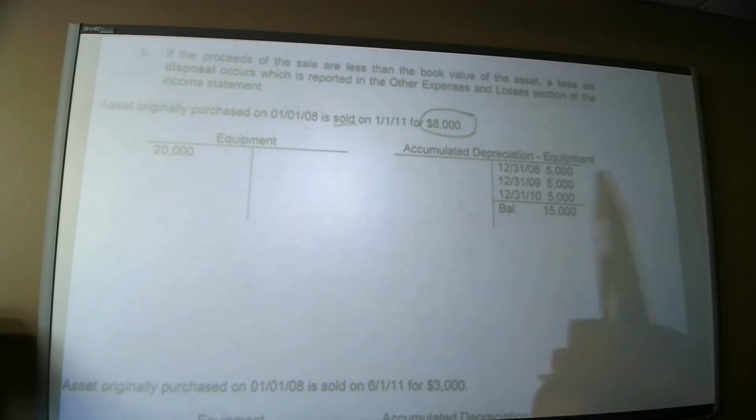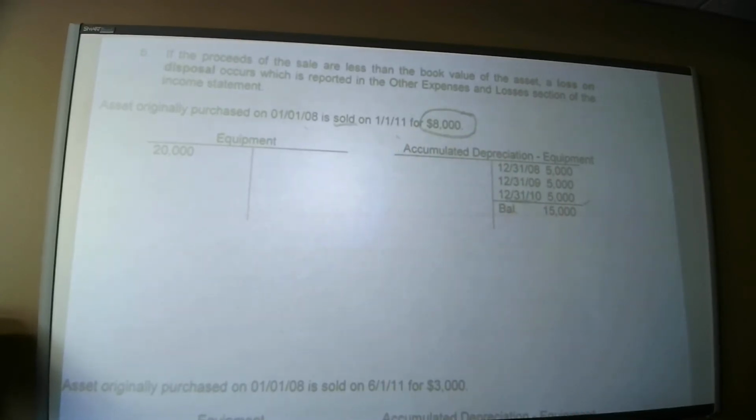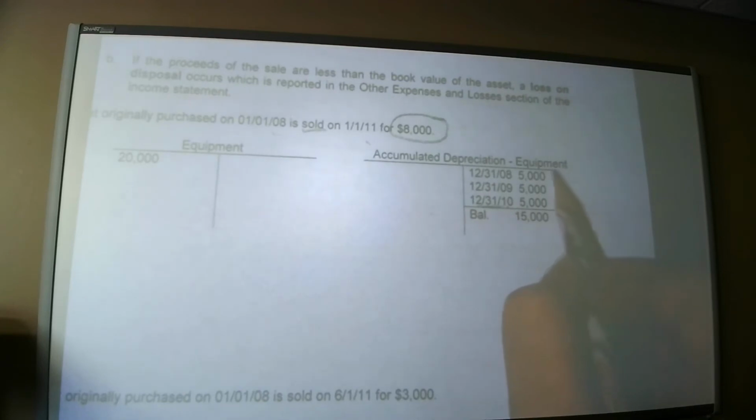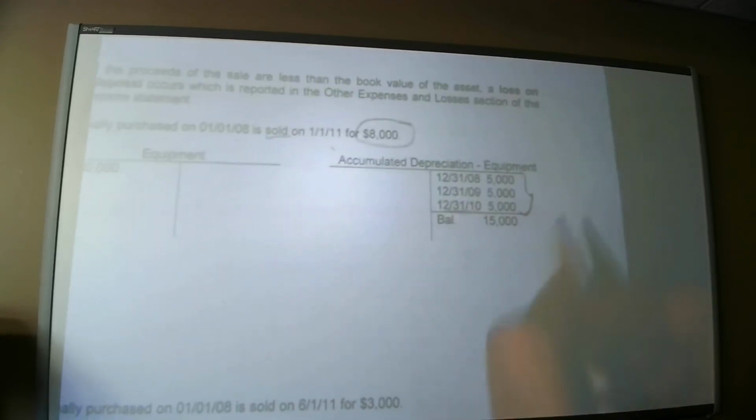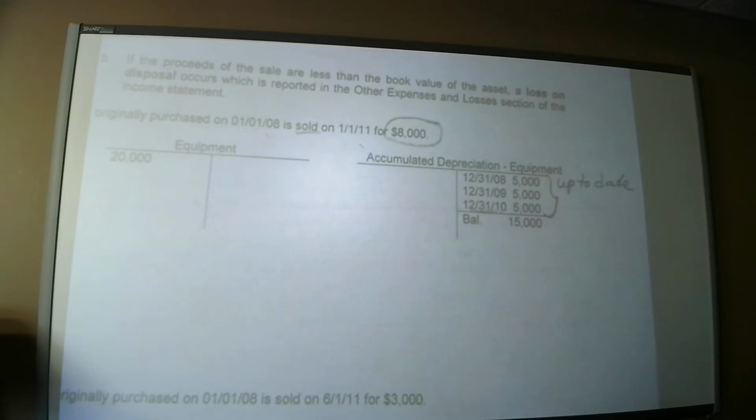My asset is fully depreciated. I stopped depreciation at December 31, 2010. The very next day I sold it, so depreciation is up to date. Maybe highlight these and write up to date. What I'm trying to say is you don't need extra depreciation.